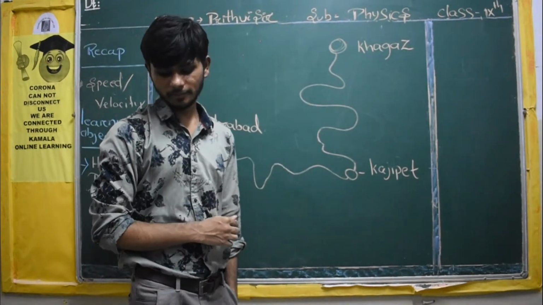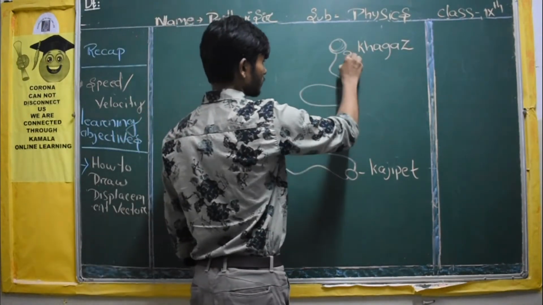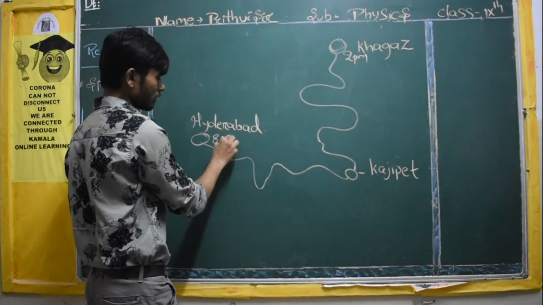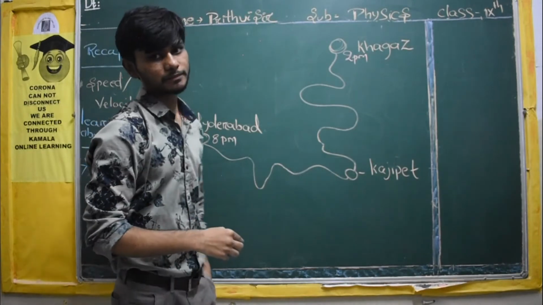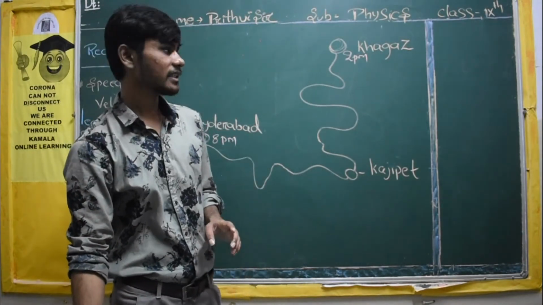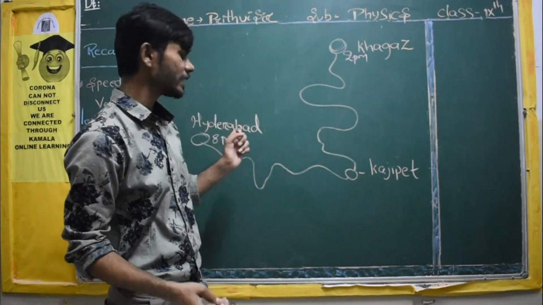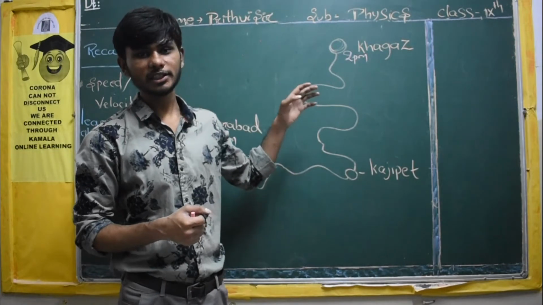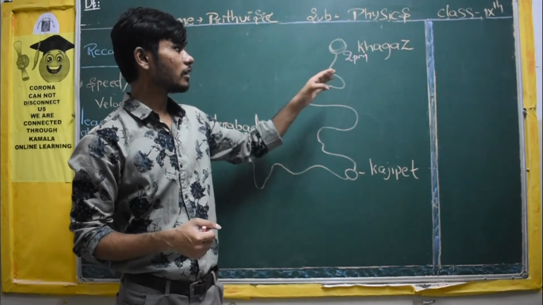How much time did it take? From 2 p.m. to 8 p.m., clearly you can say it is 6 hours. Can we say that the train's speed is the same every time?